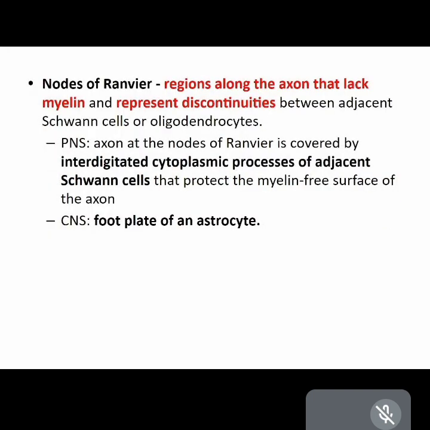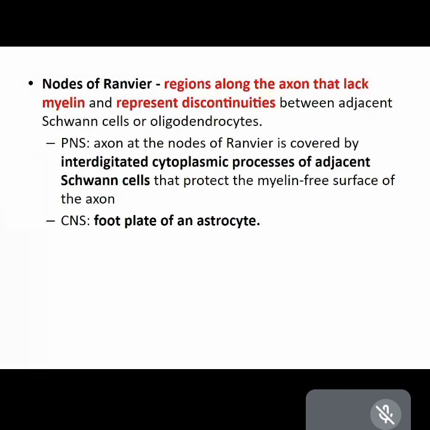Nodes of Ranvier are regions along the axon that lack myelin and represent discontinuities between adjacent Schwann cells or oligodendrocytes. So in the PNS, the axon at the nodes of Ranvier is covered by interdigitated cytoplasmic processes of adjacent Schwann cells that protect the myelin-free surface of the axon. Whereas in the CNS, it's found in the footplate of an astrocyte.